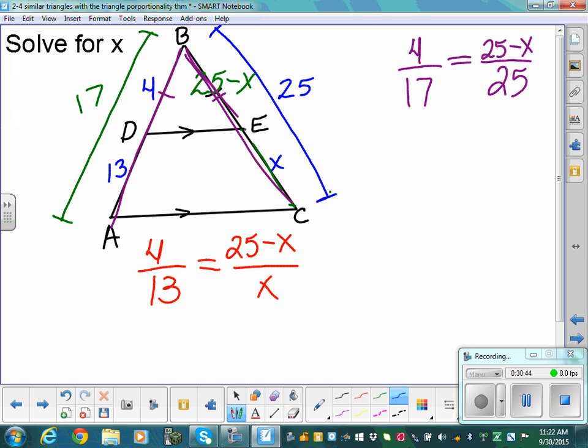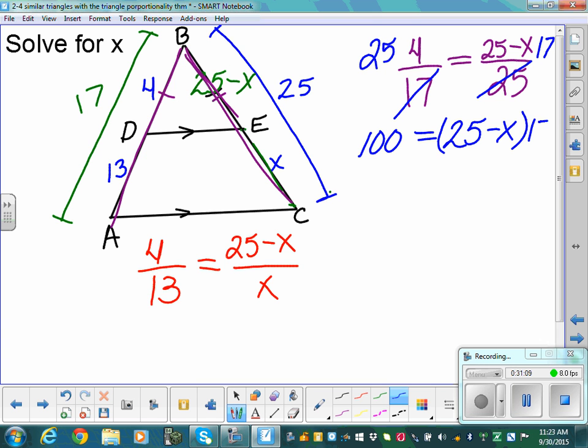So we cross multiply. Multiply both sides by 25. Divides out over here. Multiply both sides by 17. It divides out over here. Somebody help me out. 25 times 4. 100 is equal to 25 minus x, and then we have to multiply in 17.